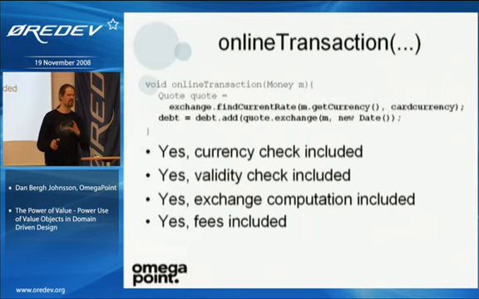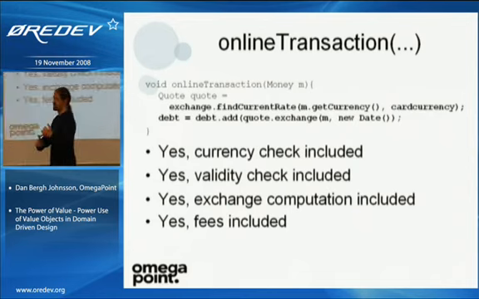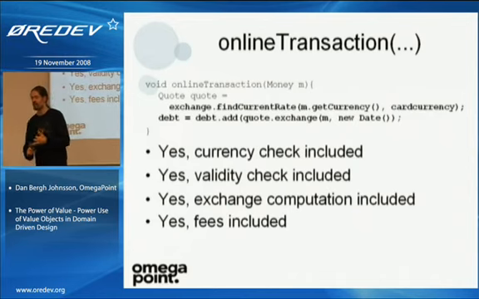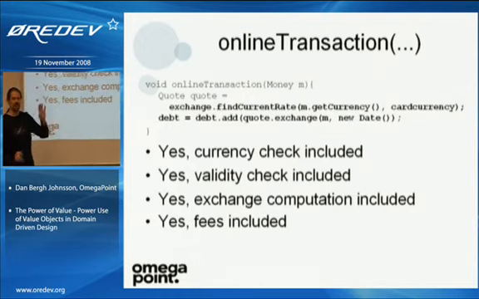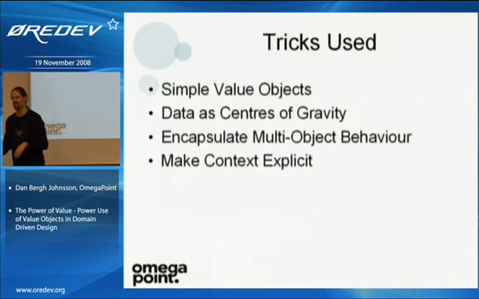Is the purpose and intent of this method clear? Pretty much so. And yes, the currency check is included. Yes, the validity check is included. Exchange computation is included. And yes, the fees are in there, done by all those small value objects.